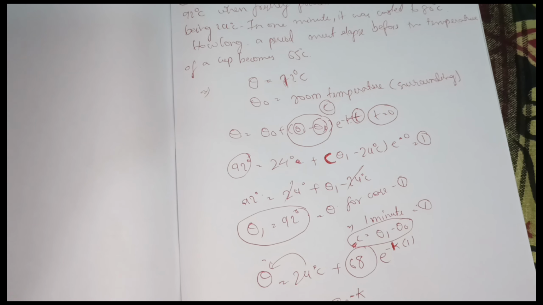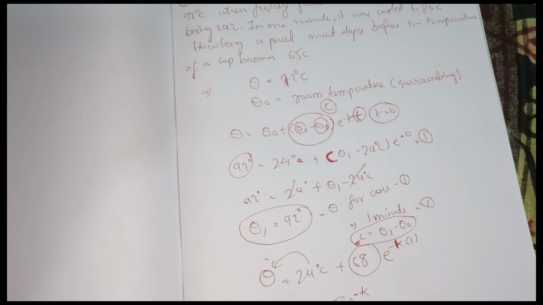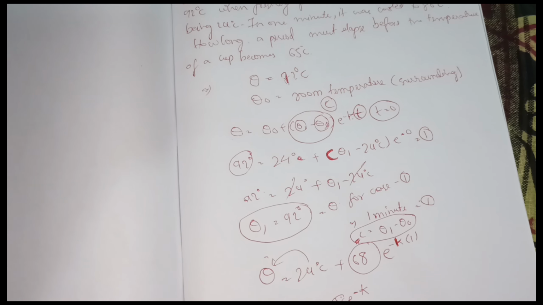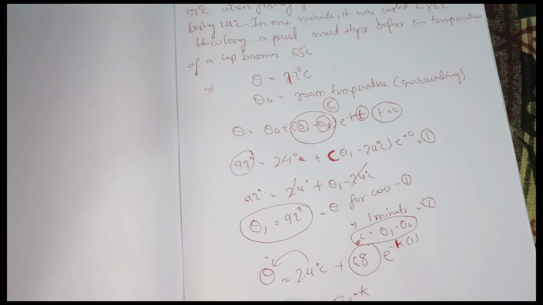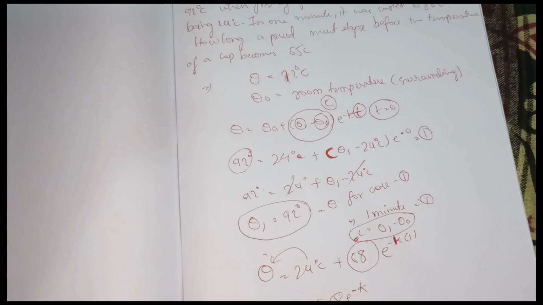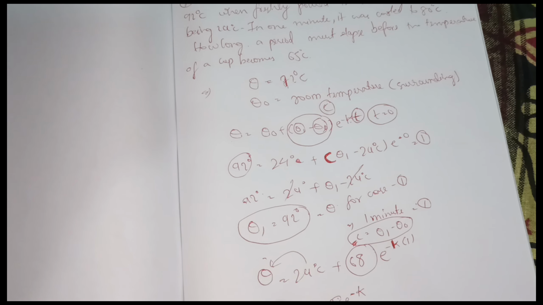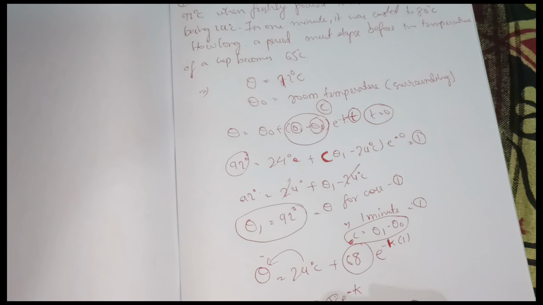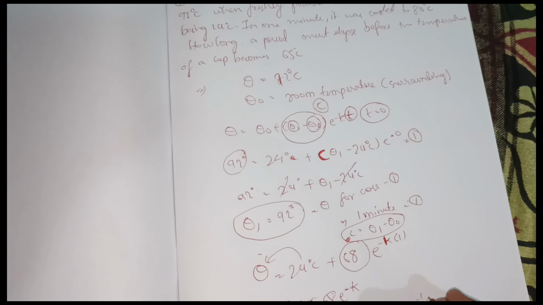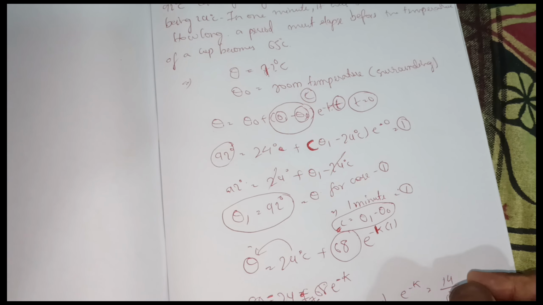So 56 equal to 68 e power minus k. Dividing by 2, 2 8s are 16, 2 3s are 2 4s are, again 2 1s are 2 4s, 2 1s are 2 7s are. So 14 by 17 equals e power minus k.